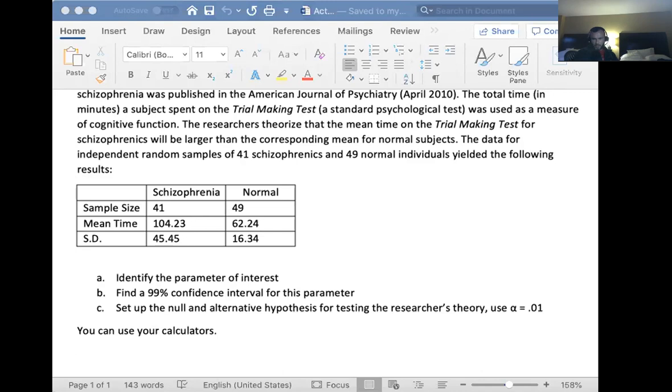Okay, just a green check mark when you're done. Got a couple people done. You can also check the chat box, see if you agree with John or not.